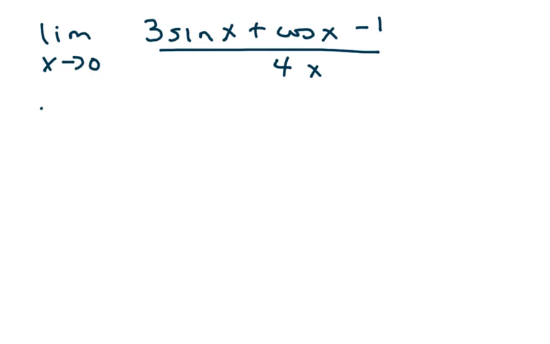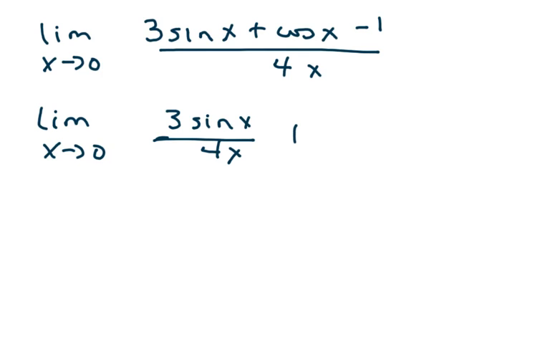Now what I'm going to do is break this down as the limit as x approaches 0 of 3 sine of x over 4x plus cosine of x minus 1 over 4x.